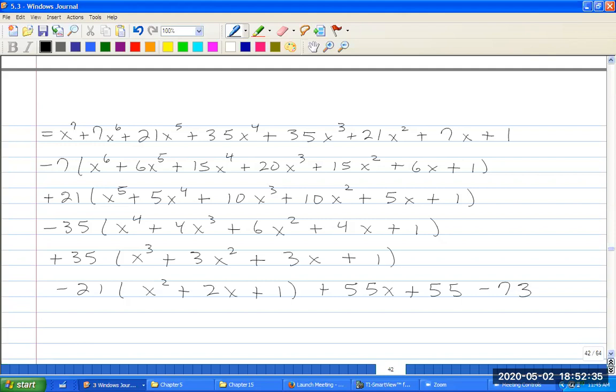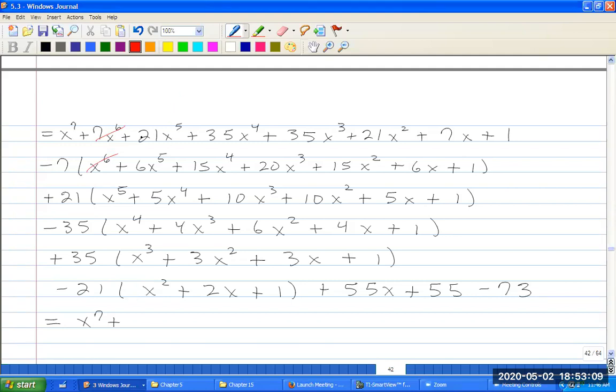Okay, so this is equal to x to the 7 plus, those all cancel. So x to the 6's cancel. X to the 5th, so that's 42 minus 42.